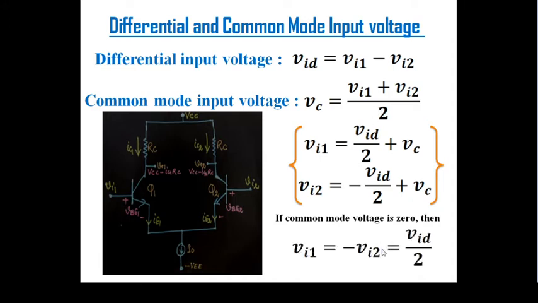It should simply be Vid by 2, so we can write Vi1 equals minus Vi2 equals Vid by 2. Simple calculation. Now we have to find the AC voltage gain.